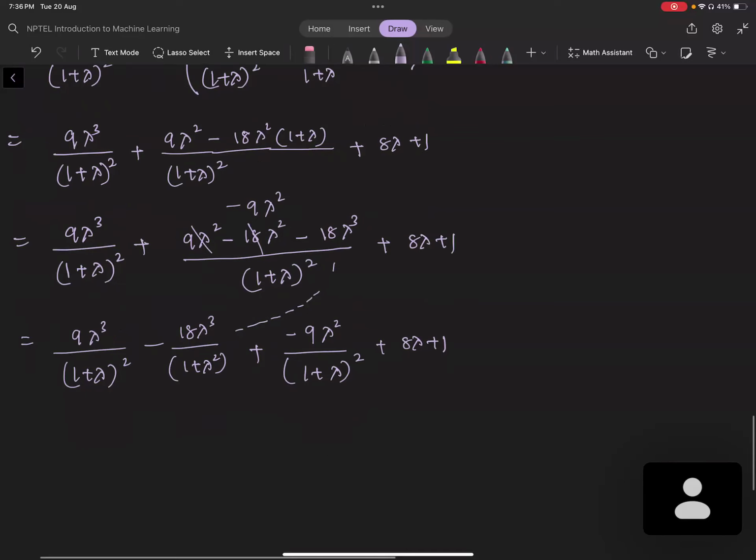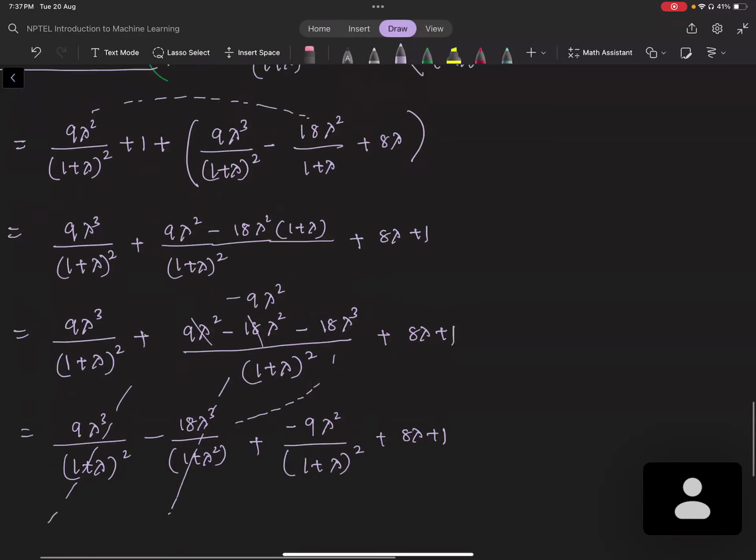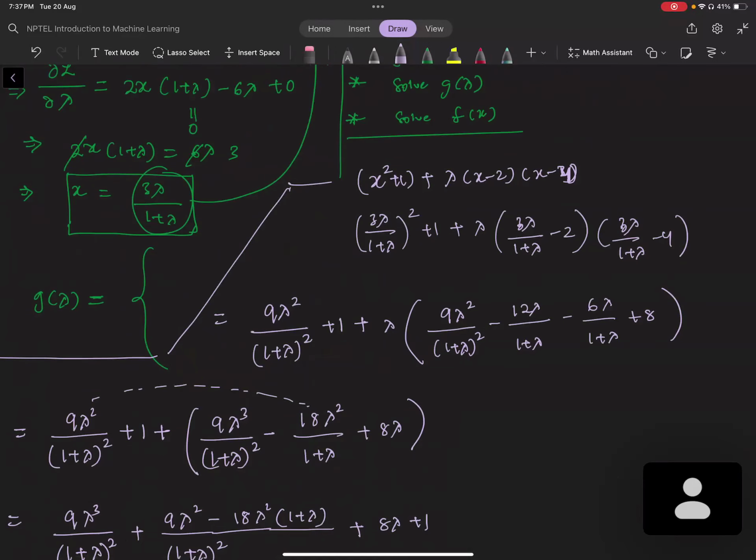So I think you can spot one mistake, I guess. Somewhere this should be cancelled. I'm not sure why it is not cancelling. I missed something somewhere maybe. If you are with me, you can point it out. It should be cancelling.